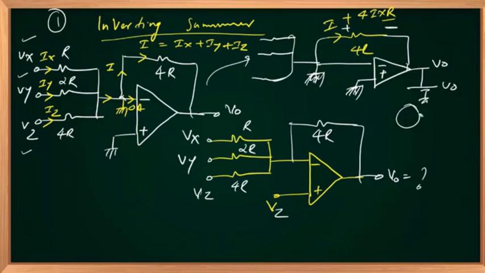As earlier, if you are going to find V out, you have to write a KVL around the loop. Starting from the ground, V out, then the voltage drop across the 4R resistor, 4 times I times R, then I have reached the ground. That's a closed loop, the sum should be equal to 0. This implies V out is nothing but minus 4 times I times R.